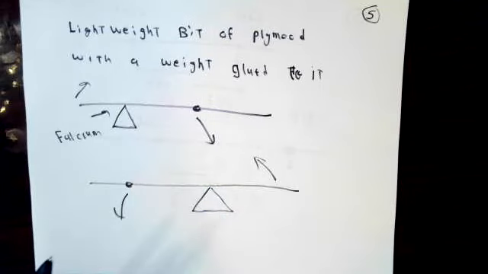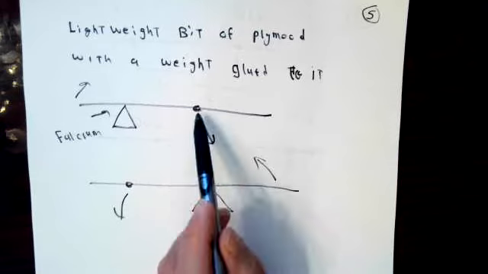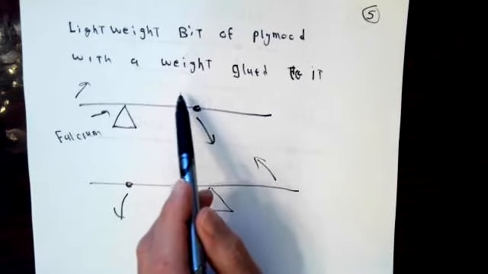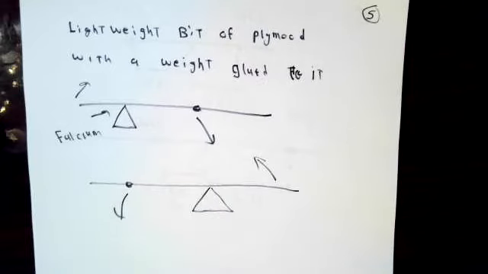Now, obviously, if I make the mass that I glue to the piece of plywood to the right of the fulcrum, the thing is going to turn in a clockwise direction. If I put the mass to the left of the fulcrum, the thing is going to turn in a counterclockwise direction. The prototype for this sort of thing would be a seesaw.